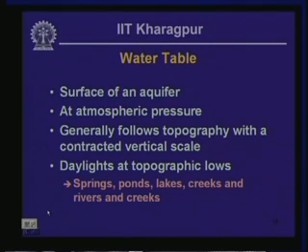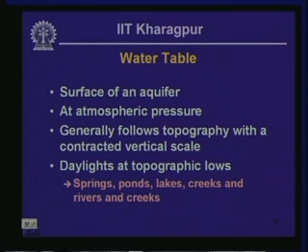Now, definition, we have already looked at this concept a little bit earlier. Definition of water table. What is a water table? Water table is essentially the surface of an aquifer which is at atmospheric pressure. Water table generally follows the local ground surface topography, although at a contracted vertical scale.